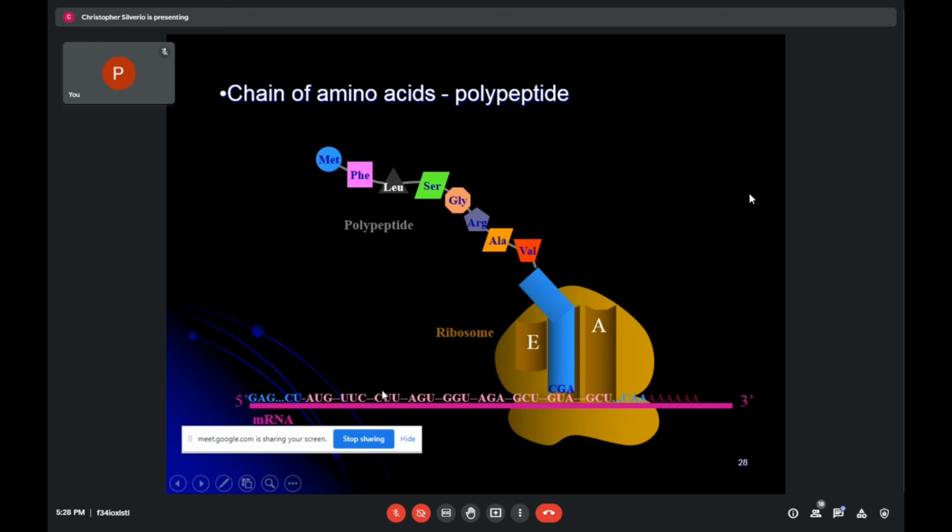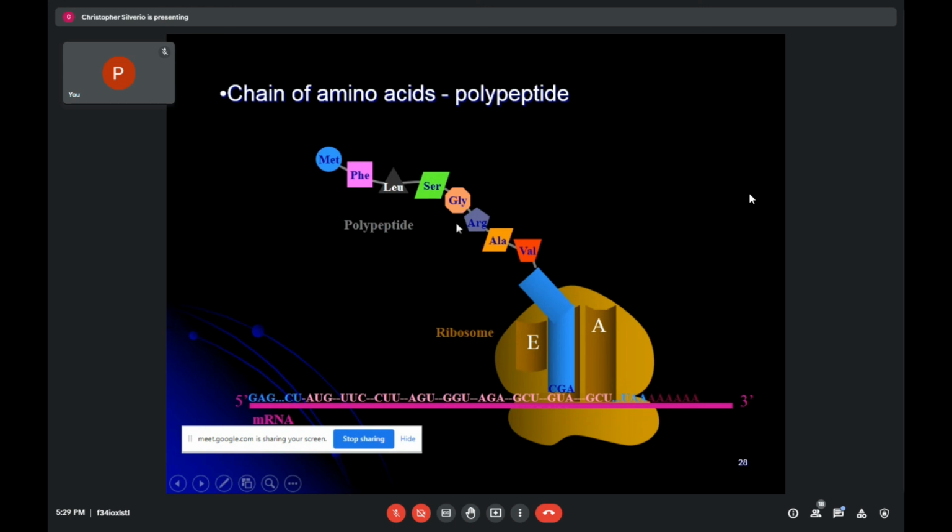So in other words, all of these codons have been translated into protein. AUG was translated to methionine. UUC, phenylalanine. CUU, leucine. AGU, serine.